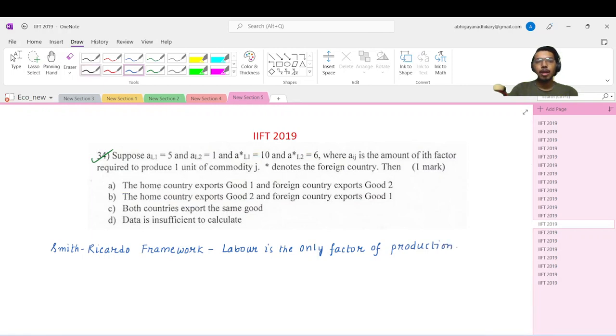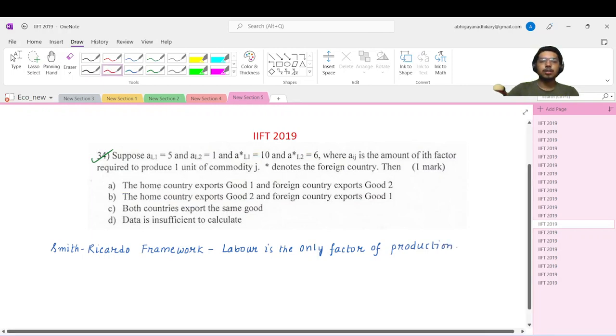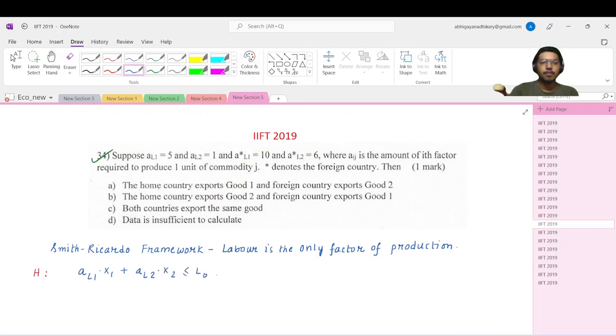Okay, so if you look at the home country, what is the total amount of labor that will be available? Both the countries produce both the goods, good 1 and good 2. So the production possibility frontier for the home country will look something like this: aL1 times X1 plus aL2 times X2 is less than or equal to L0, where L0 is the endowment of labor.